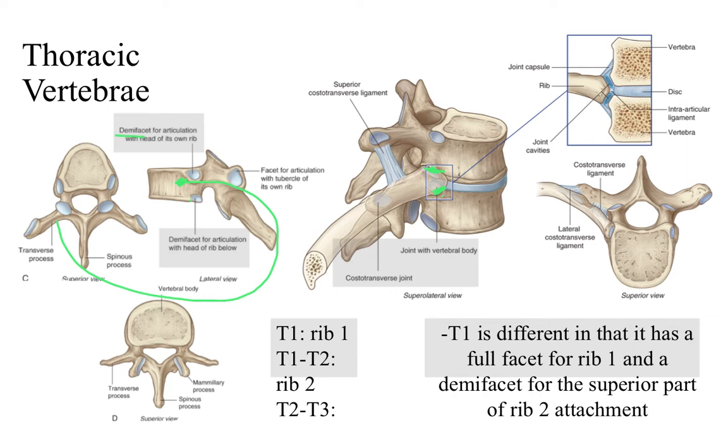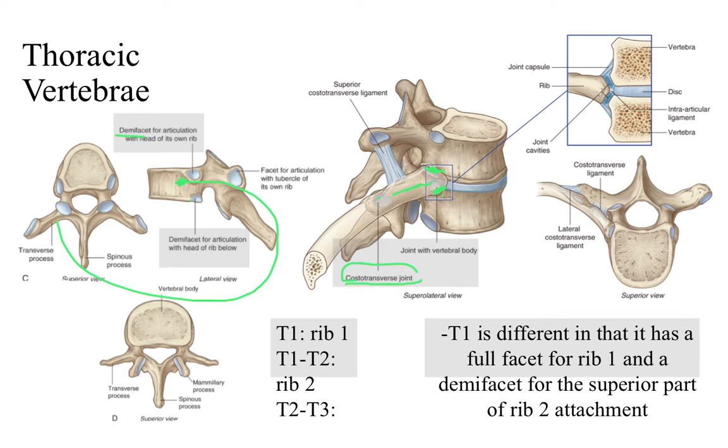Okay, and as the rib is heading outward from the head, you got the neck, and then you have the tubercle. The tubercle makes a joint with the transverse process of the vertebrae, and that's called a costotransverse joint.